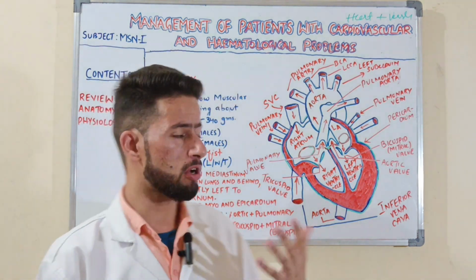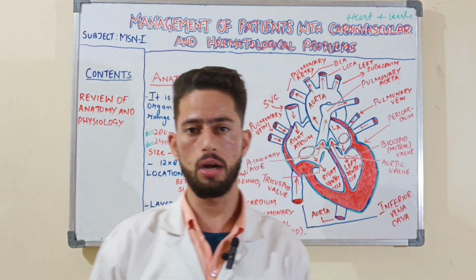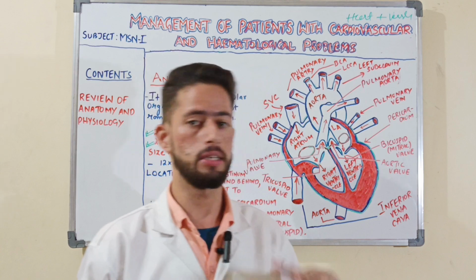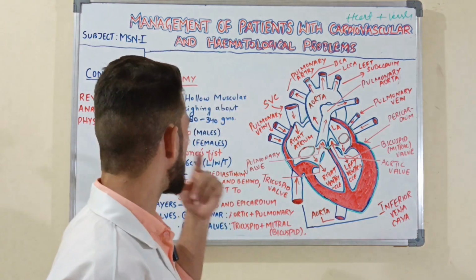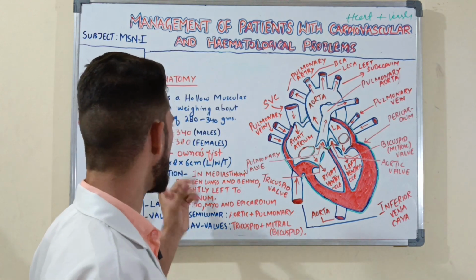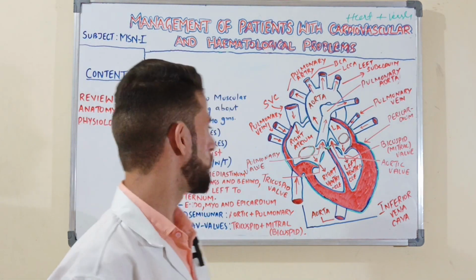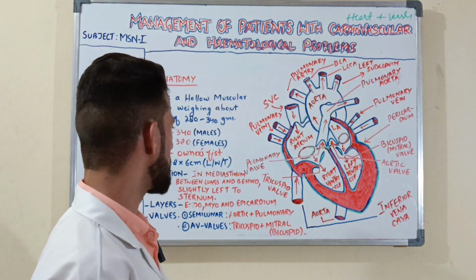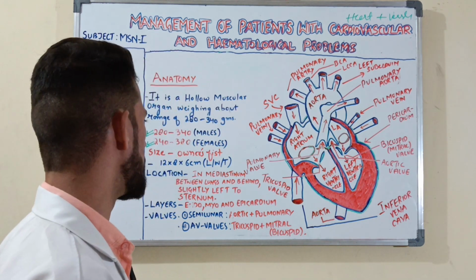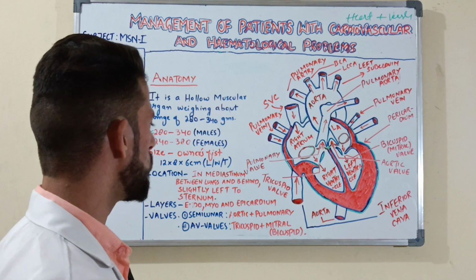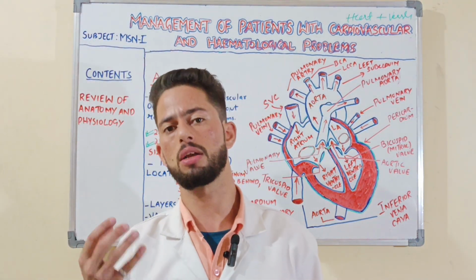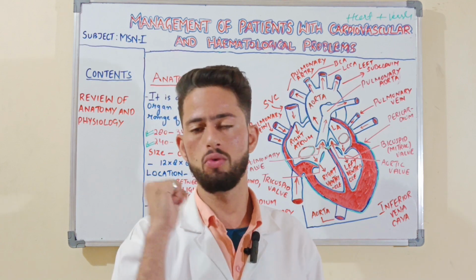The weight of the heart ranges from 280 to 340 grams in males, and in females the heart weighs 240 to 380 grams. I already told you the size of the heart: it will be about the owner's fist.